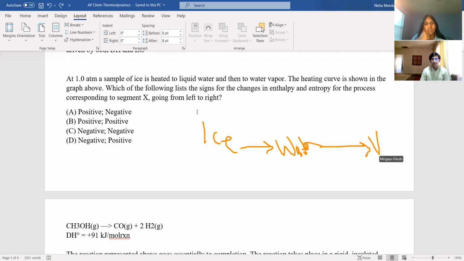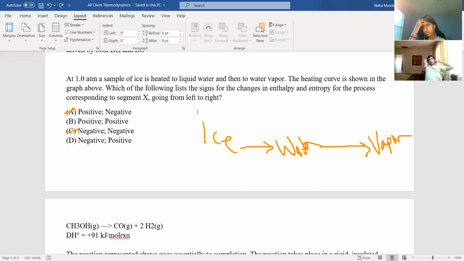Yeah, so obviously disorder is positive, and enthalpy, well, let's eliminate A and C because we know entropy. So enthalpy is endothermic, right?